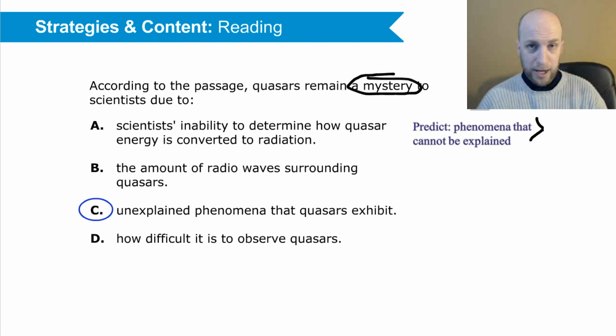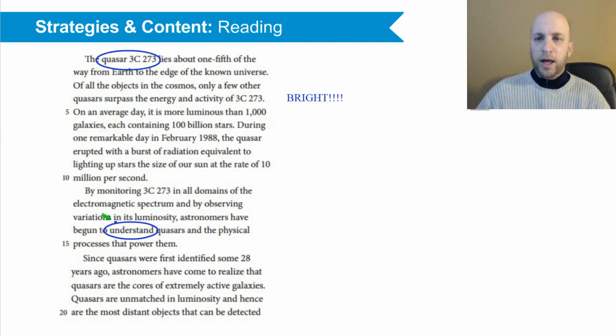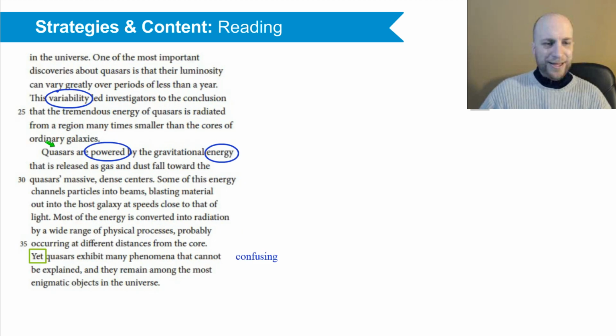If you can read a passage and say, hey, what are they talking about broadly? Guess what? You're not going to be going slow here. You're going to say, all right, it's bright, done, next. As you take a look at this paragraph right here, you're not going to be going slow here, Jordan.